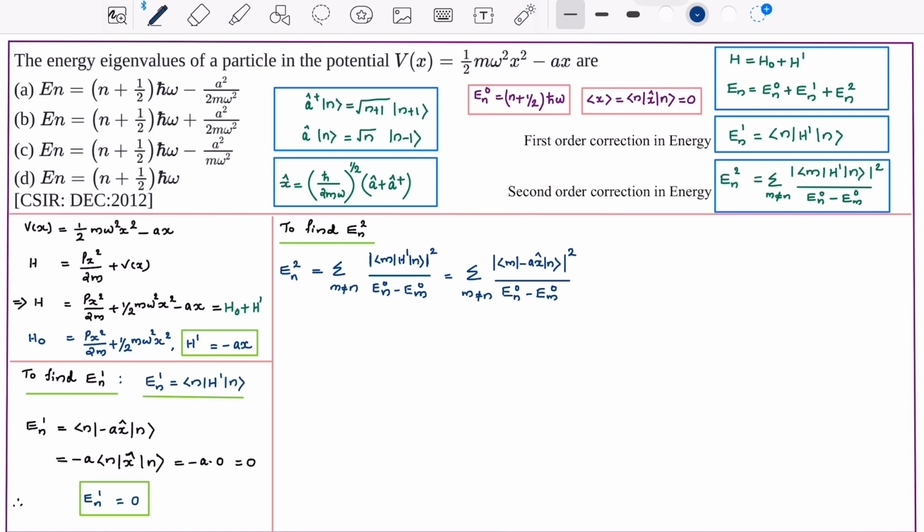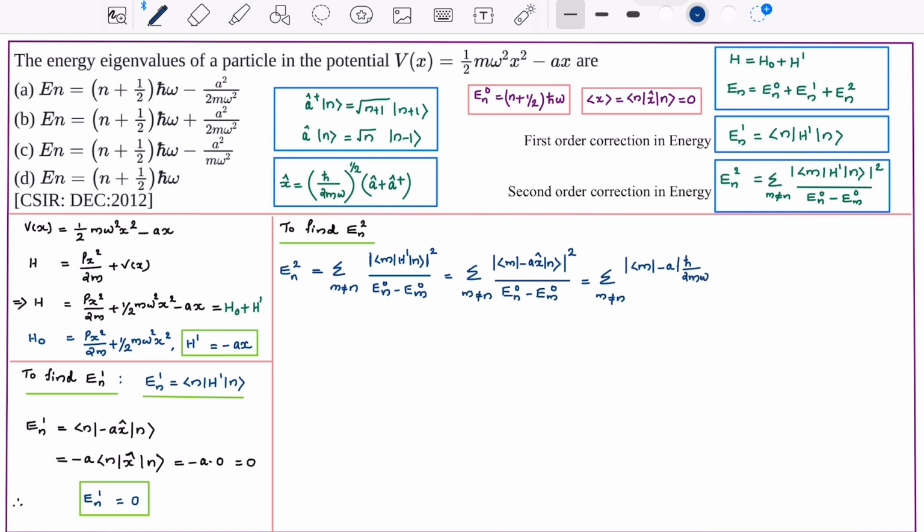Now we can write it as the sum over m not equal to n, modulus <m|minus a x|n>. Now what is x? In a harmonic oscillator, x is given by (h bar by 2m omega) whole raised to half, times (a plus a dagger).